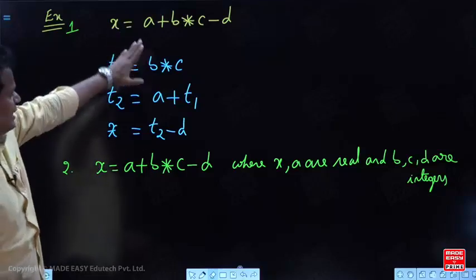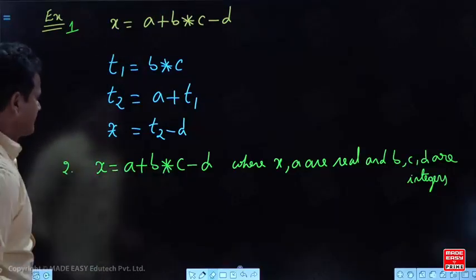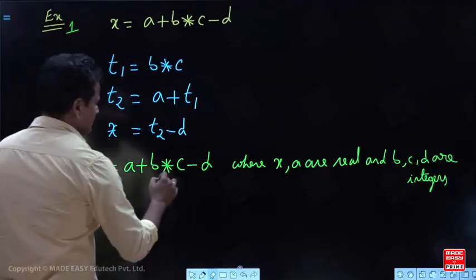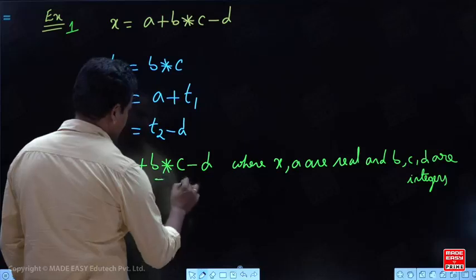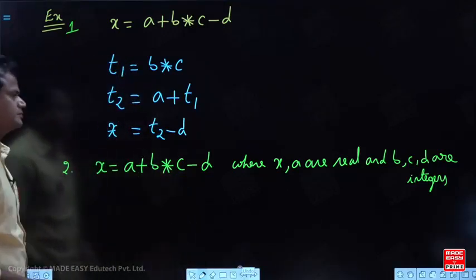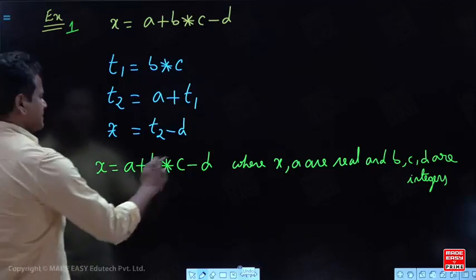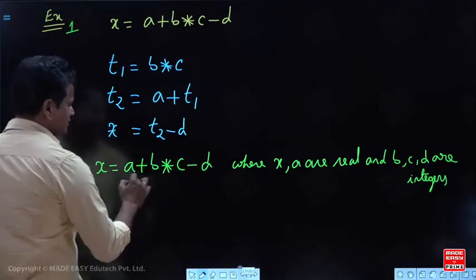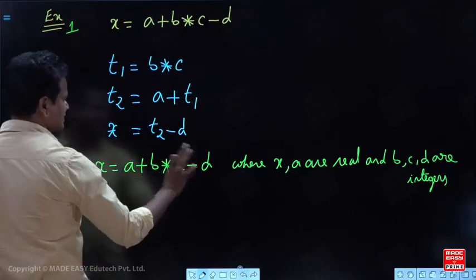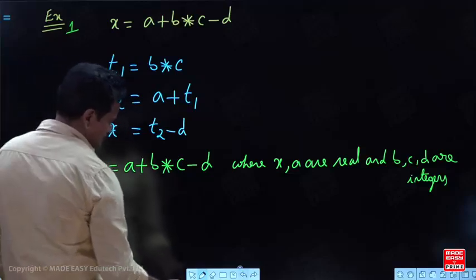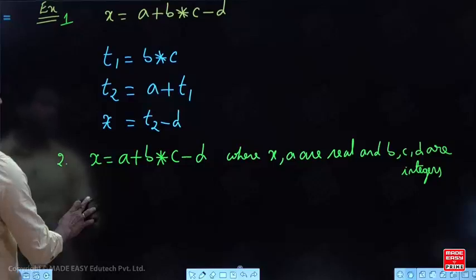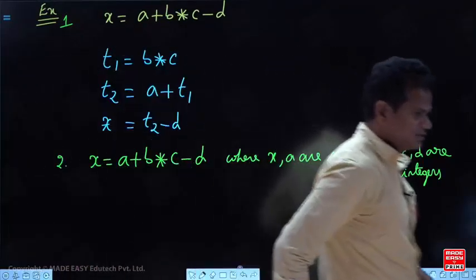Here, no condition, and here also you take this B star C and minus D. Plus and minus have equal priority, no problem, because whether you do this then this one, or this and then this one, you will get the same answer. But take star as the highest priority. So, copy this one and try.